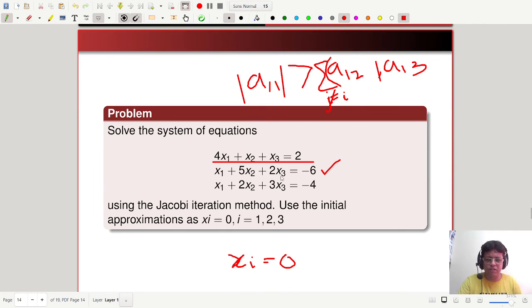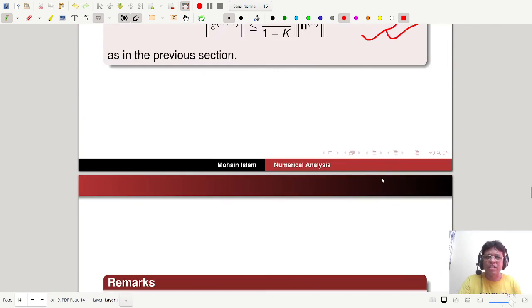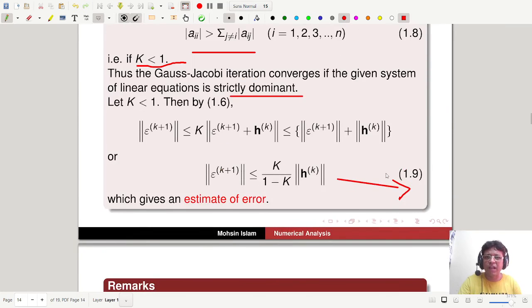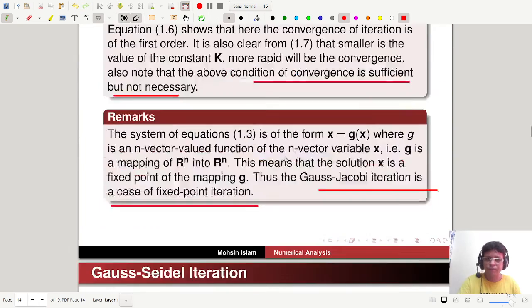So always remember the sum of these. And also in the second case, 5, the coefficient of x2, that is a22, the modulus of a22 must be greater than the sum of these two values. That is mentioned here. Look at the diagonal dominance condition once again: summation over j not equal to i, so you have to take the sum of the other coefficients in that equation.